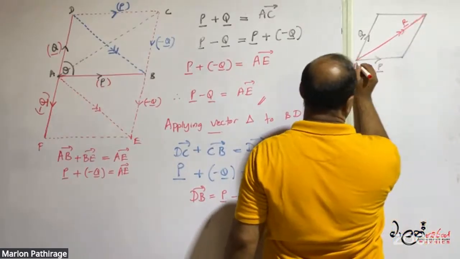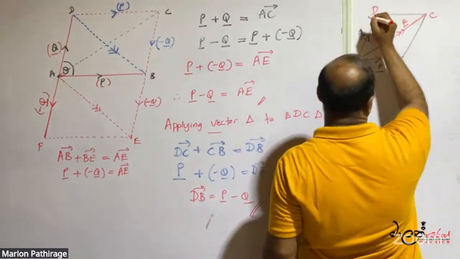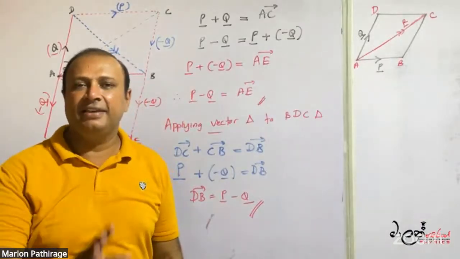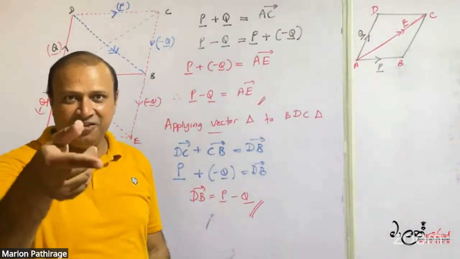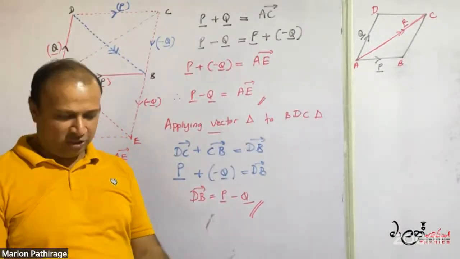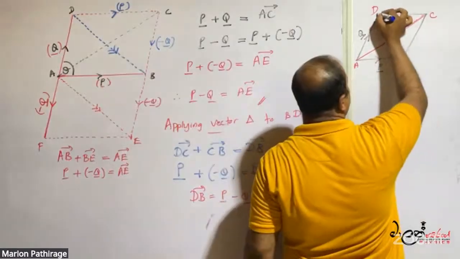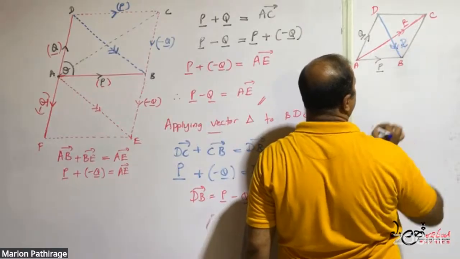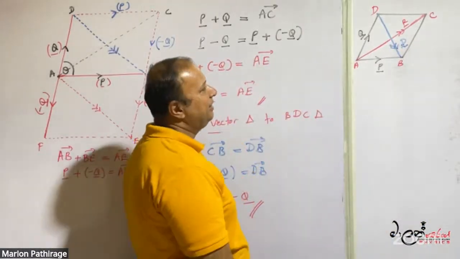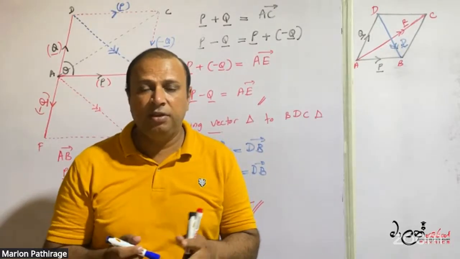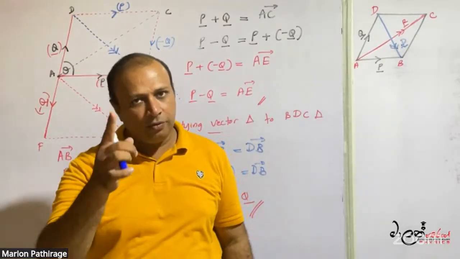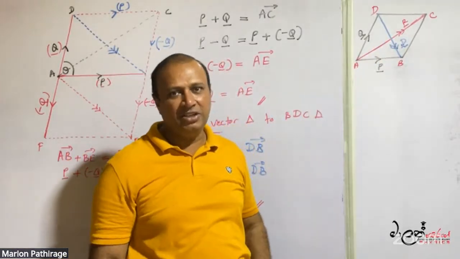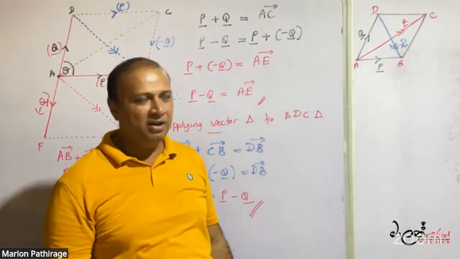The other diagonal gives the difference vector, which means subtraction. The difference can be either P minus Q or Q minus P, but you have to remember the direction.